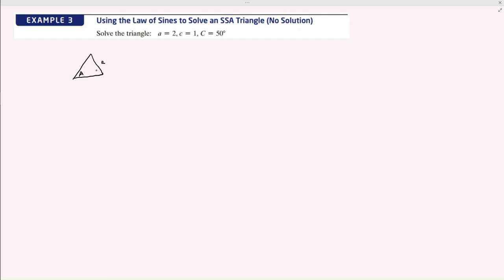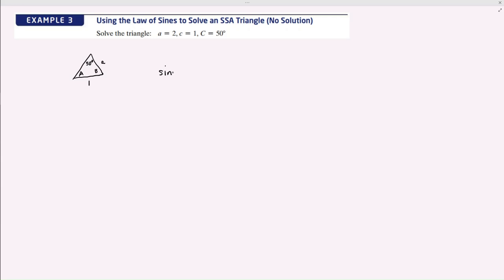And then so we can say this is B and this is C. And C is 50 degrees, so I'll just go ahead and replace that with 50. And then opposite C is a 1. Okay, so this is the scenario, and we're going to find out whether or not this is going to work.